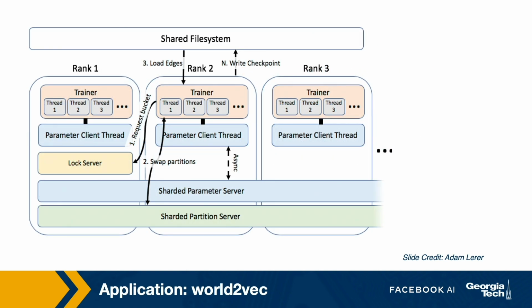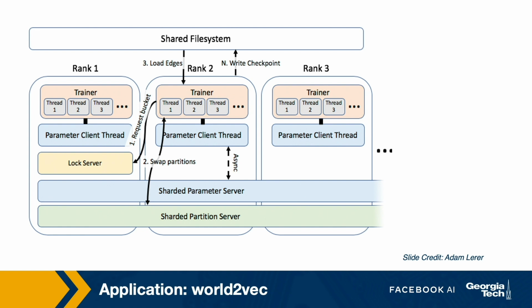Here is the overview of the distributed training system. It requires several types of communication. First, you need to synchronize the bucket access, and you need to exchange model parameters once you've finished training a particular bucket. There are also some common shared parameters across different machines. Those are the parameters of the relation types, and they're stored in a shared file system.